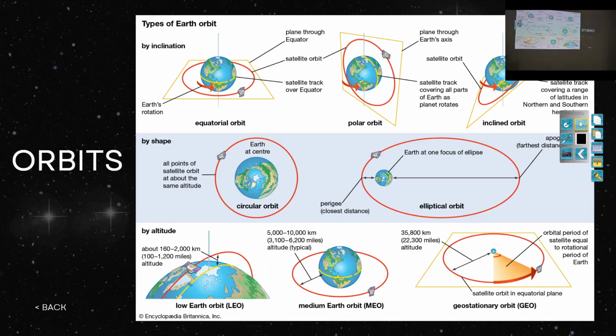Next you can write geostationary, altitude is approximately 36,000 kilometers above the earth.